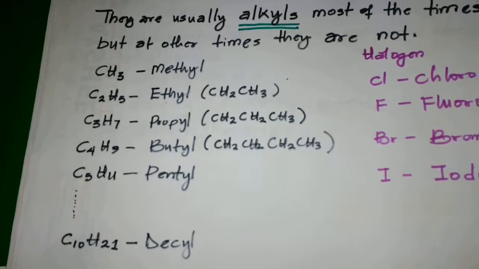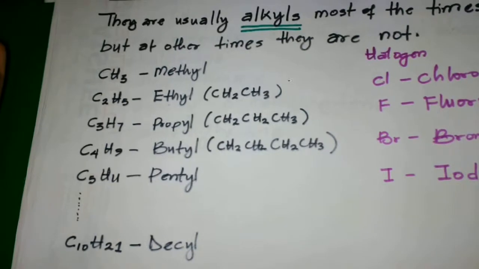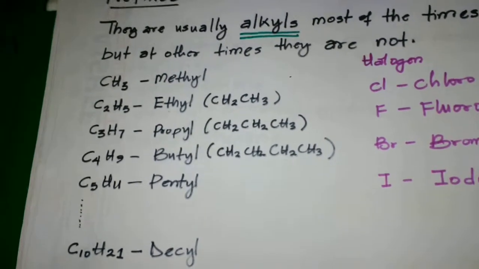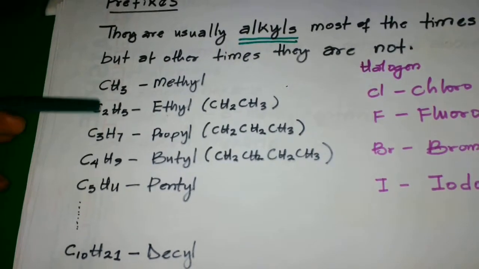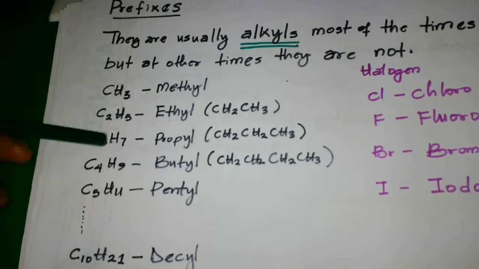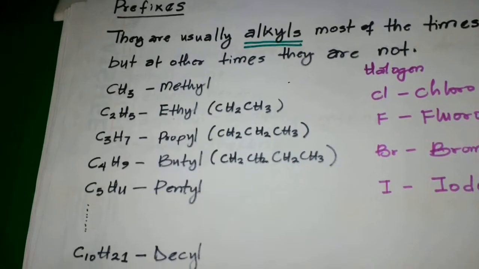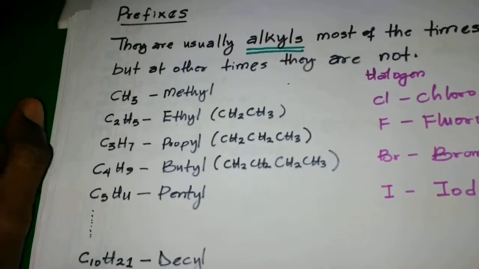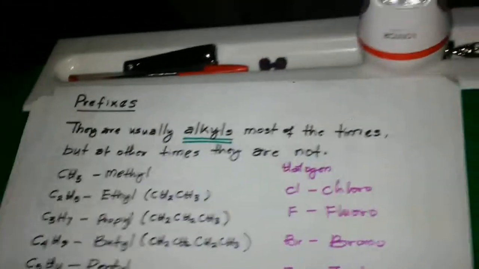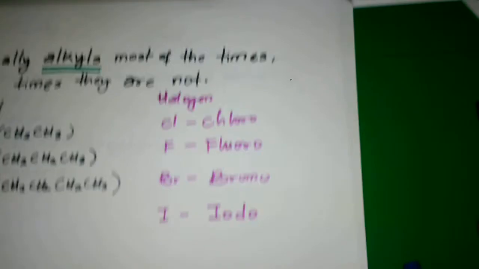So we arrive at our alkyl. But basically, you don't need to stress yourself too much. I think just know the first three, or the first four, or the first five alkyl groups. Those are the most important ones that may feature on the exams.